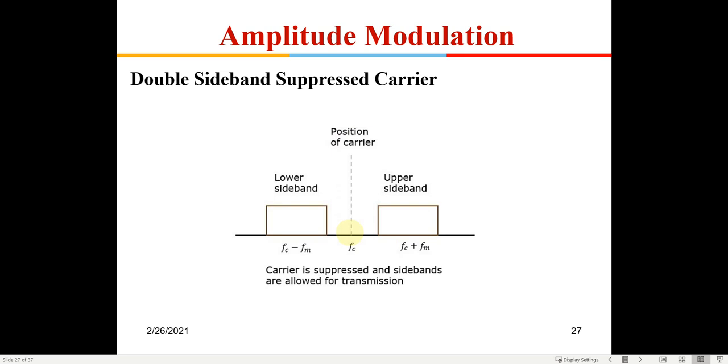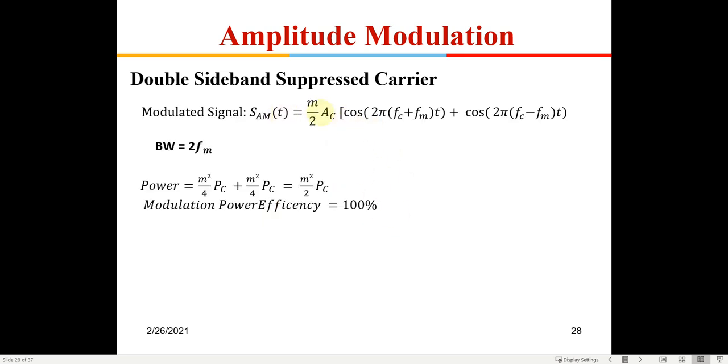We saw that the maximum power efficiency of AM is 33%, so a lot of energy is wasted in transmitting the carrier also. So we are not transmitting the carrier, but there is no gain in bandwidth here, because you are transmitting the lower sideband as well as the upper sideband. So the bandwidth requirement continues to remain 2 fm, whereas the power requirement comes down drastically. Now this is the signal.